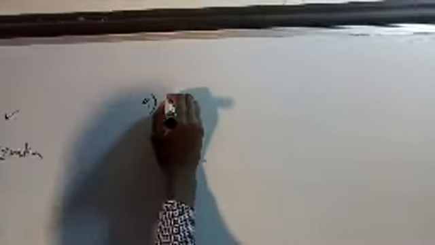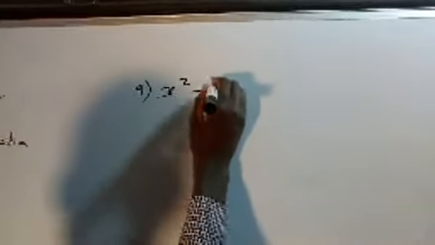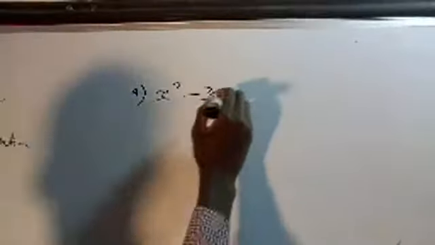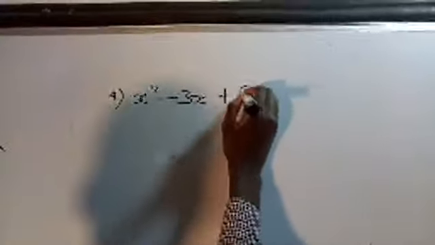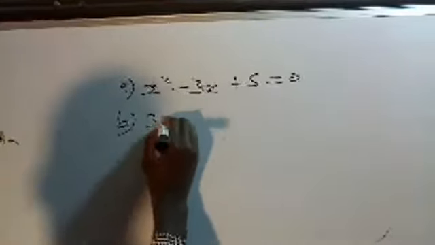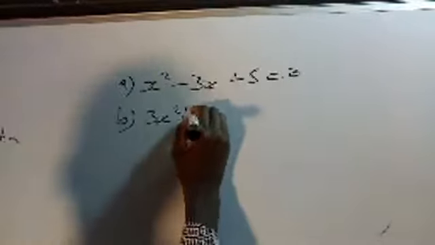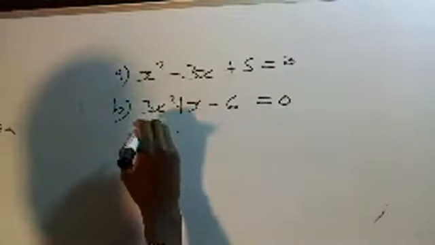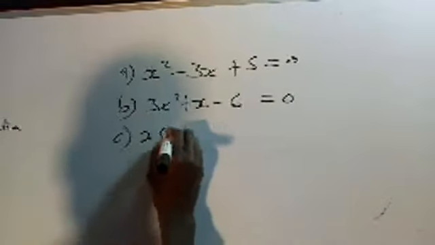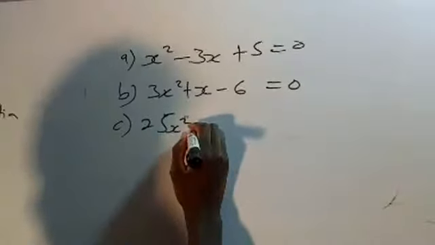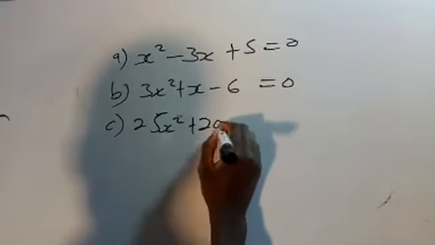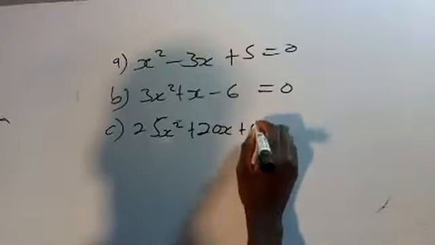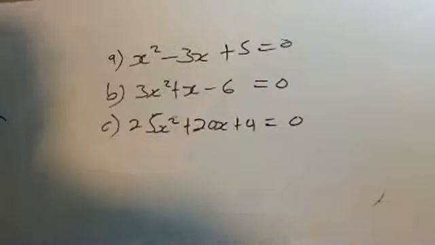And these equations are as follows: x squared minus 3x plus 5 equal to 0, another equation is 3x squared plus x minus 6 equal to 0, and 25x squared plus 20x plus 4 equal to 0.